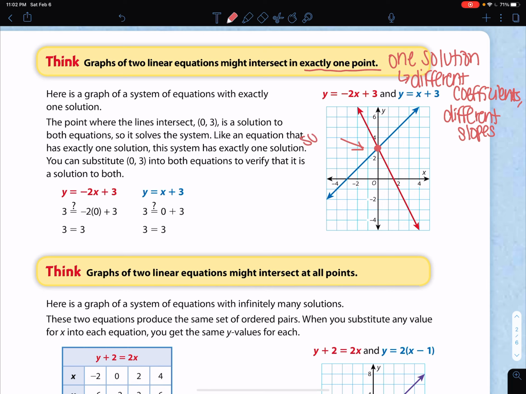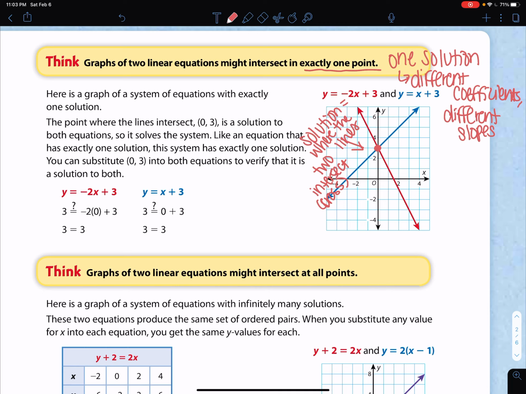So the solution to the system of equations is where the two lines intersect, or they cross, okay? Intersect just means they cross each other there. All right, so like an equation that has exactly one solution, this system has exactly one solution.